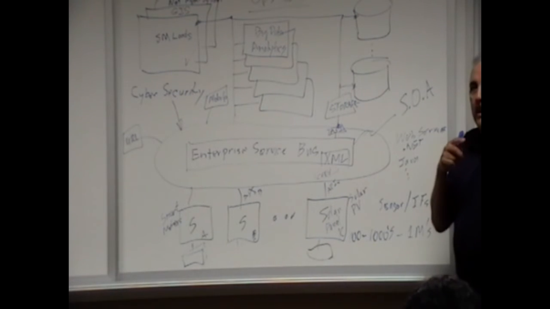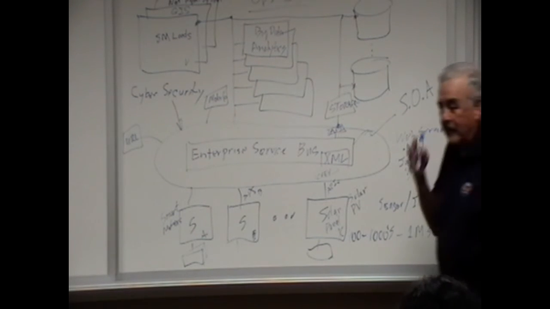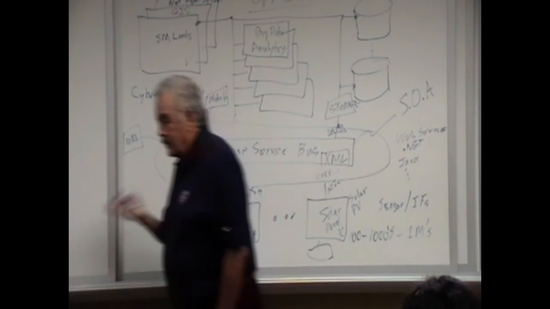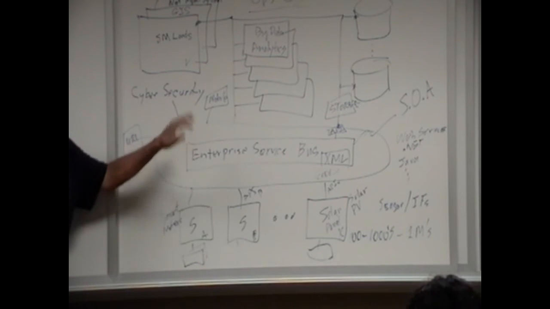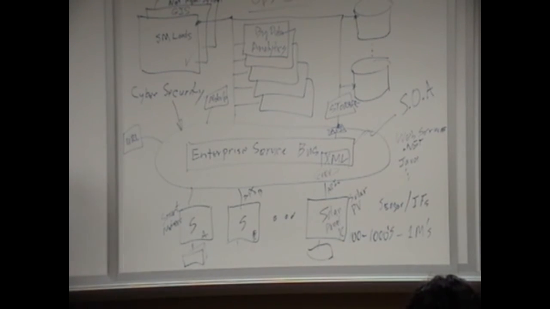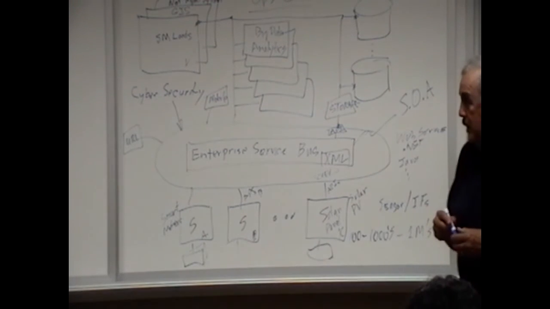These are what are called actors in the UML sense, actors that contribute or receive something of value from the system, and they're at multiple levels in the system. So I think you need to consider all of these as being users.